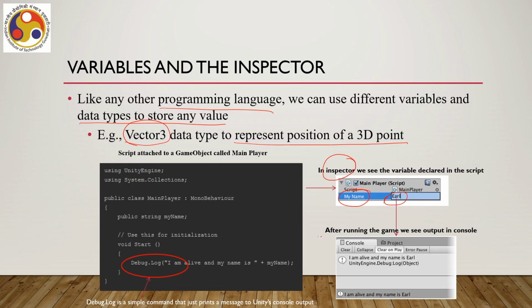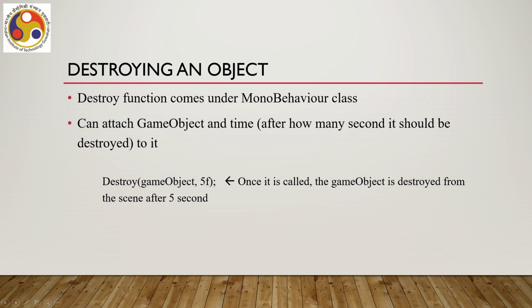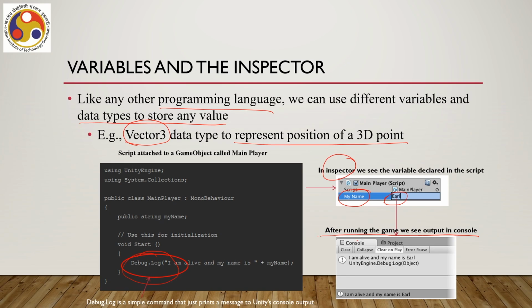Then after running the game or the application, we can see the output on the console. For example, if you use this type of construct, Debug.Log, a function which just prints a message on the console output, then you can see that after the script has been executed.